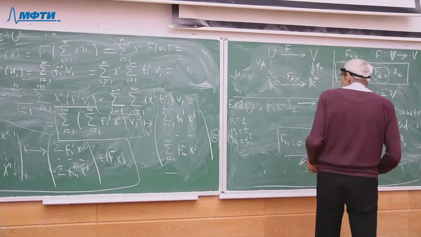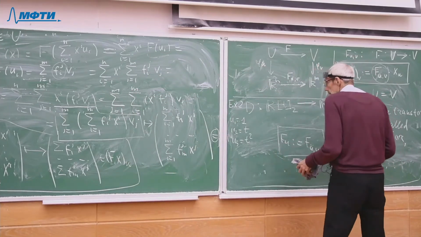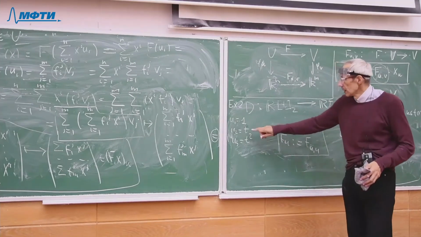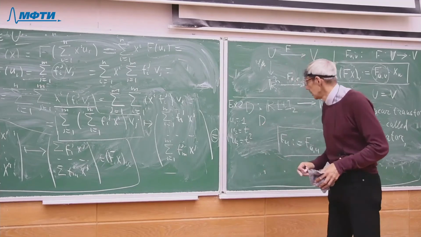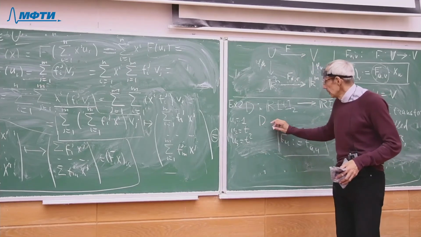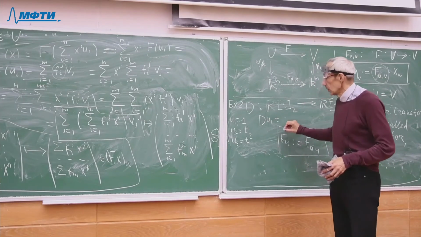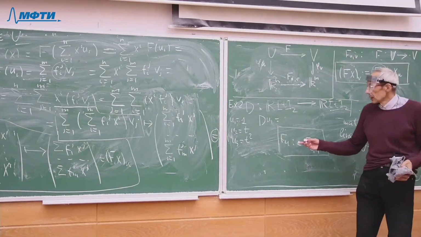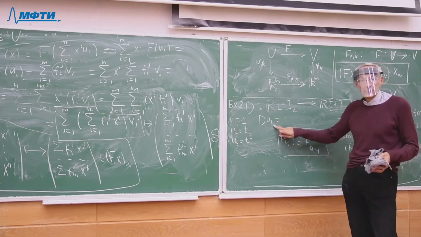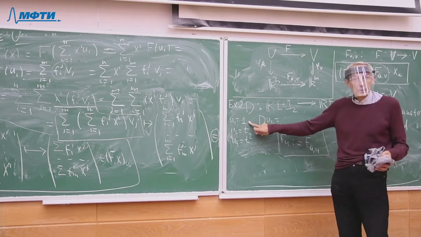The first basis vector is u1, and I apply our operator D to this vector u1. What does it mean? I apply the derivative to this function 1.